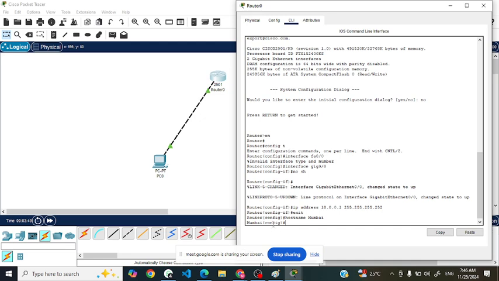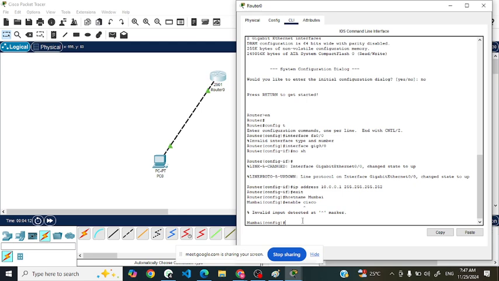Got it? What is the next step, Abdul? After the host name, you can set the enable password. Suppose that our password is Cisco. Enable password Cisco.